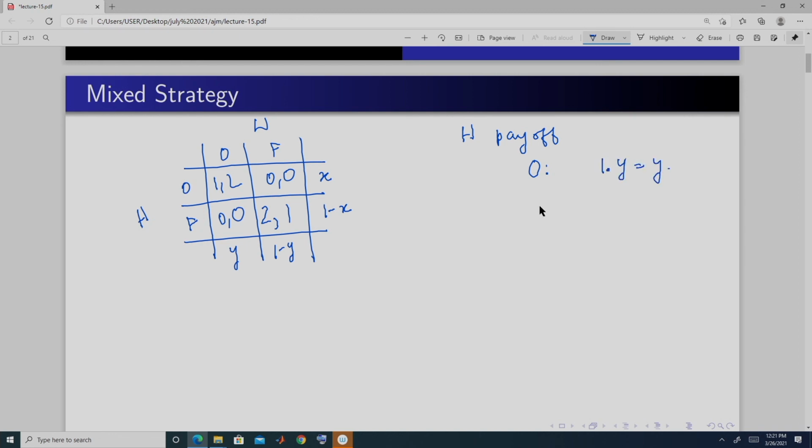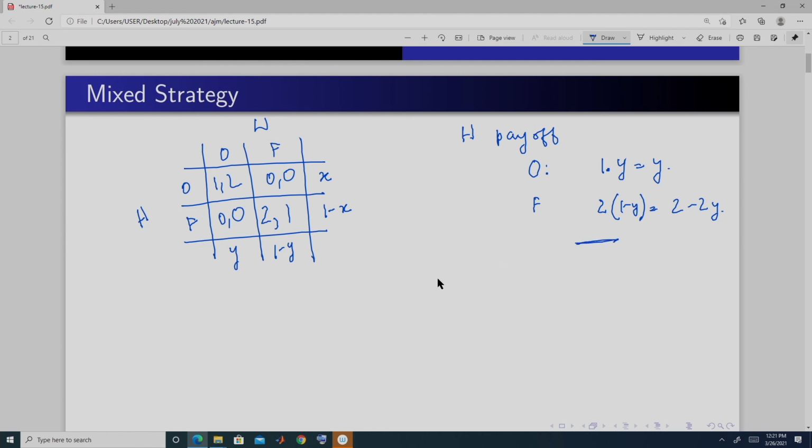Payoff from playing F for player 1 is it will get 0 with probability y and 2 with probability 1 minus y. So 2 into 1 minus y, which is equal to 2 minus 2y. Okay, so this is the payoff for the husband.